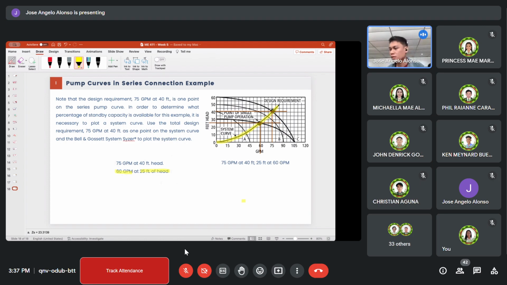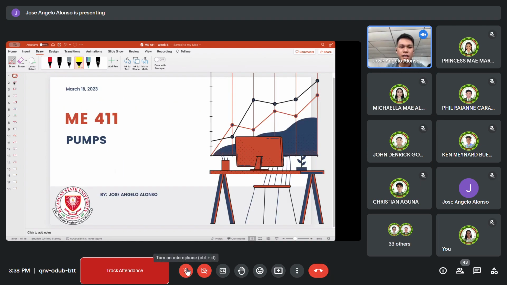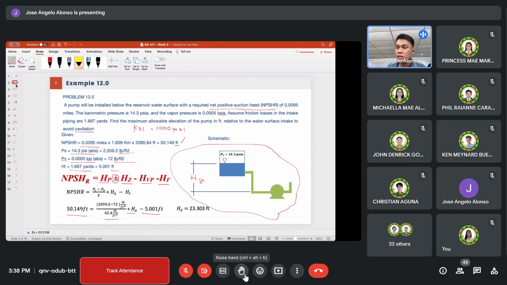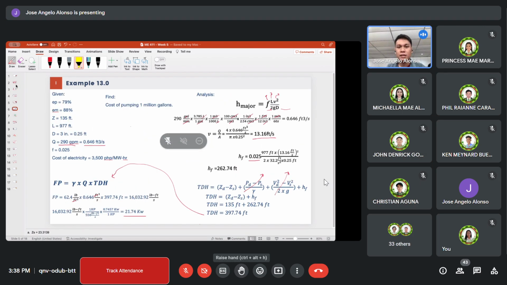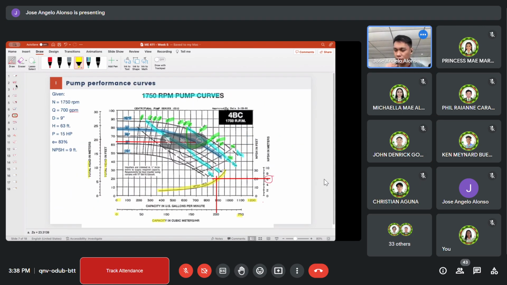Actually, tapos na yung ating discussion regarding pumps, yung ating first fluid machinery na pag-uusapan. So, any clarifications, any questions? Sana naintindihan natin yung pump curves. Hindi siya papapasama sa midterm natin, by the way, class. Kasi hindi ko alam kung nakikita nyo ng malinaw and baka mahirapan kayo sa midterms kapag sinama natin to.